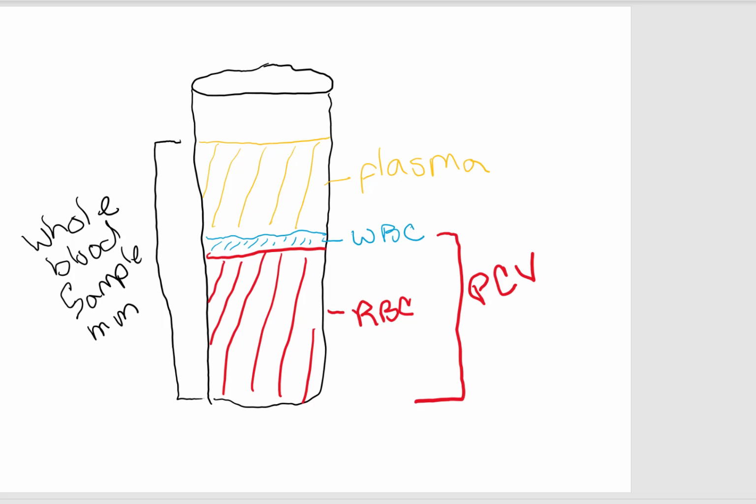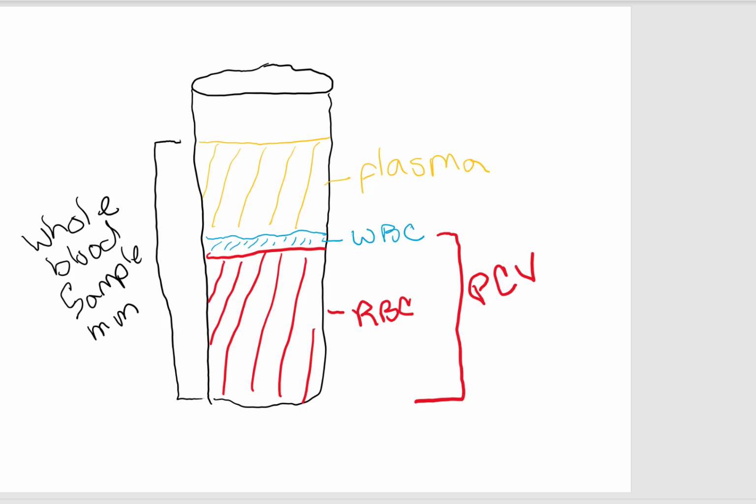Now the white blood cells, even though we're measuring them maybe a little bit, remember they're about 1% or less of this entire whole blood volume. So their contribution to this measurement is going to be negligible.